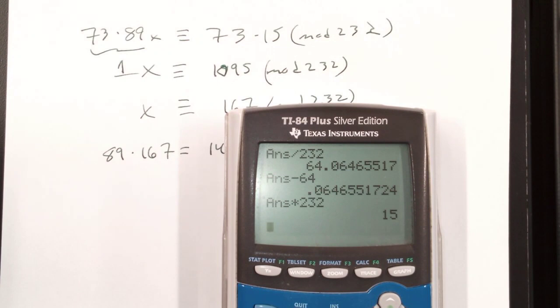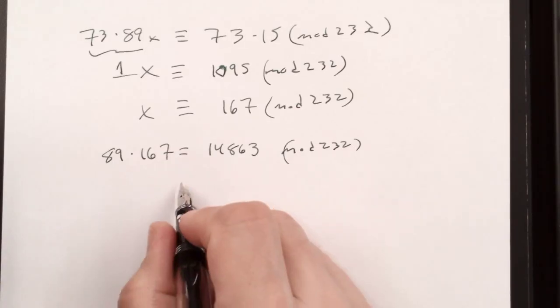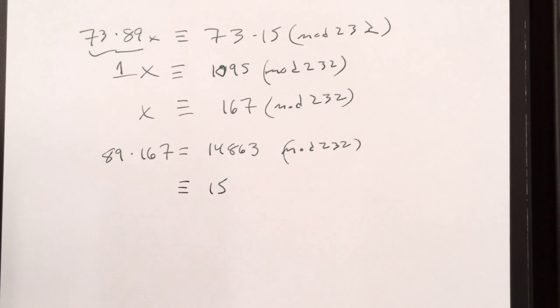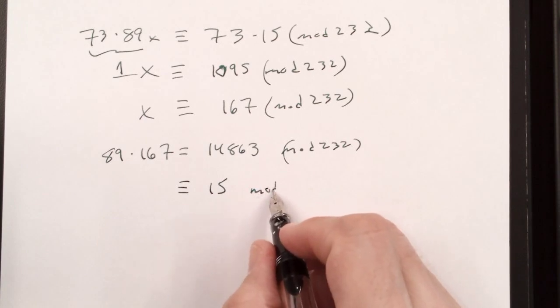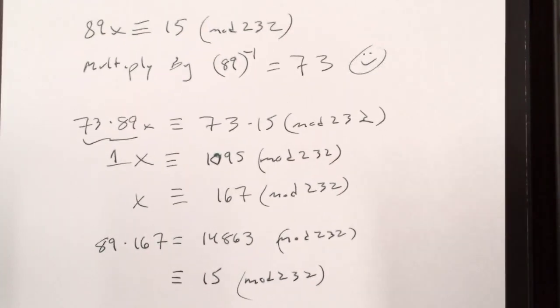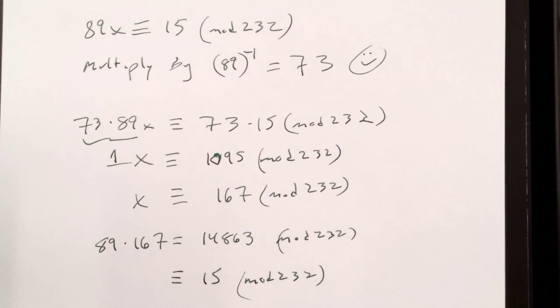So this is a solution to 89x is congruent to 15 mod 232. It solves the equation we want. Questions?